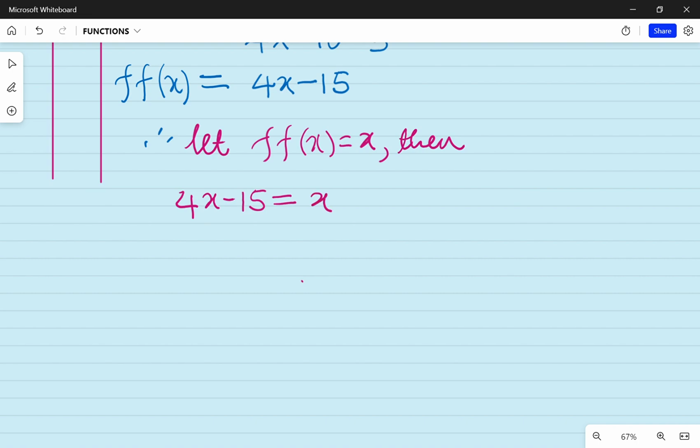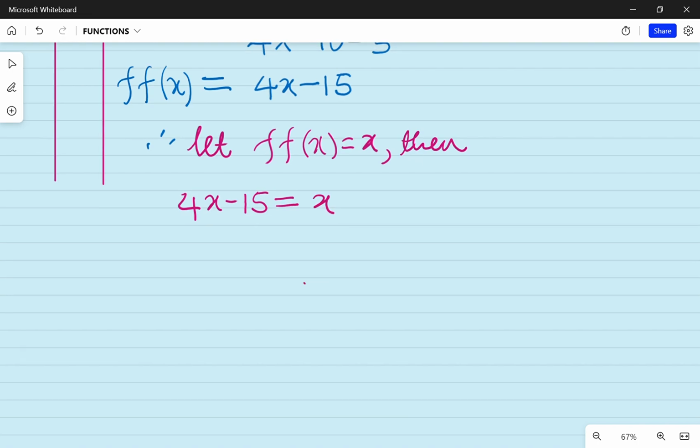We can easily solve that equation. Collect the like terms. So 4x minus x is going to give me positive 15.